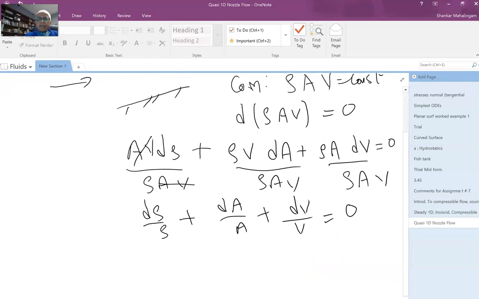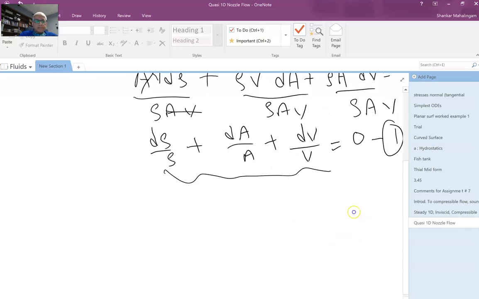Another way to read this equation is that the fractional change in density plus the fractional change in area plus the fractional change in velocity have to sum to 0. So if something is positive, something else has to be negative for these three terms to sum to 0. That's the meaning of this expression. And remember, there are no other assumptions about the nature of the flow except that it's quasi one-dimensional.